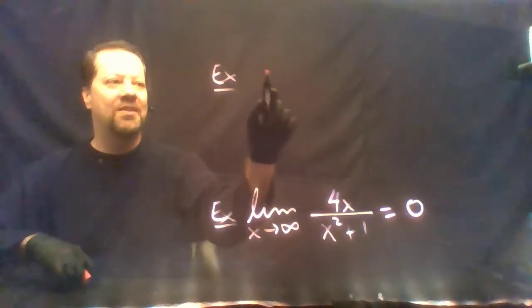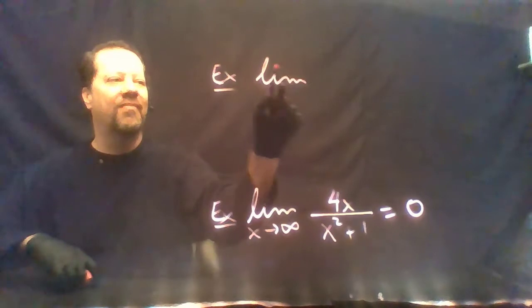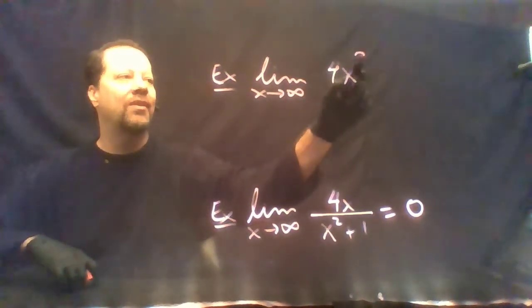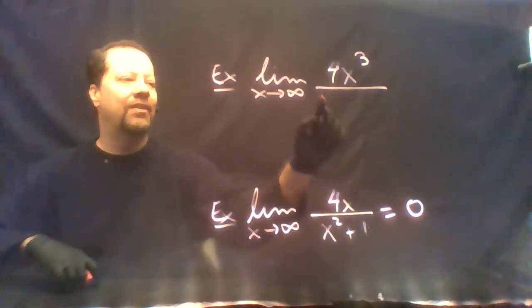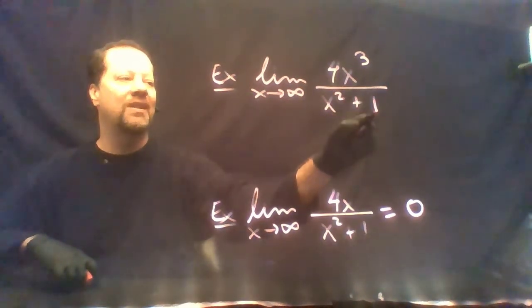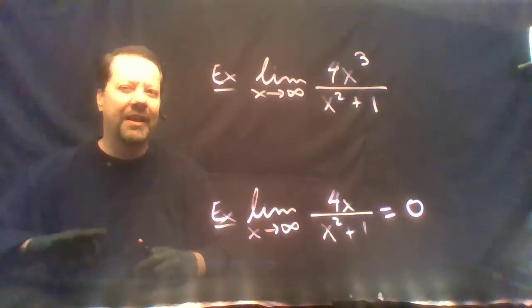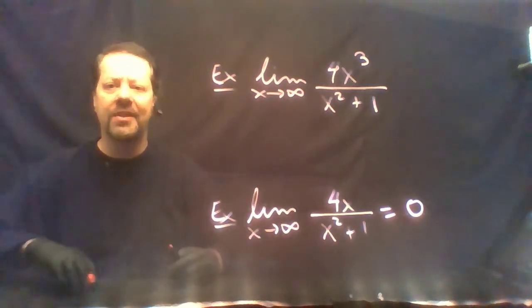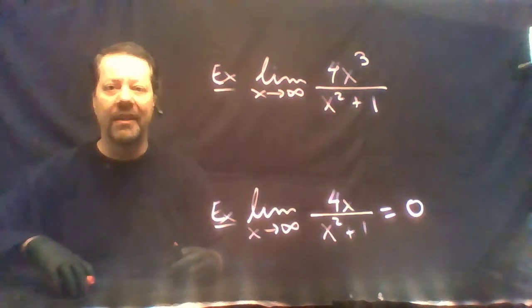And finally, suppose we're taking the limit as x goes to infinity of 4x cubed over x squared plus 1. If we plug in x equals 1,000, the bottom is still just a smidge above 1 million.